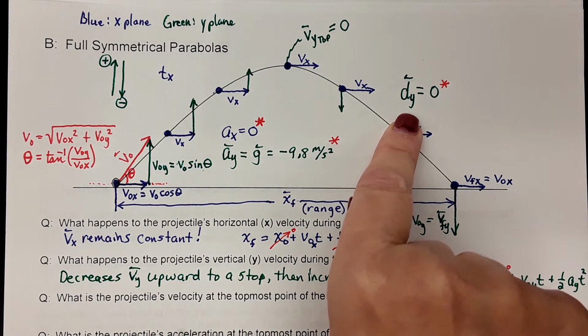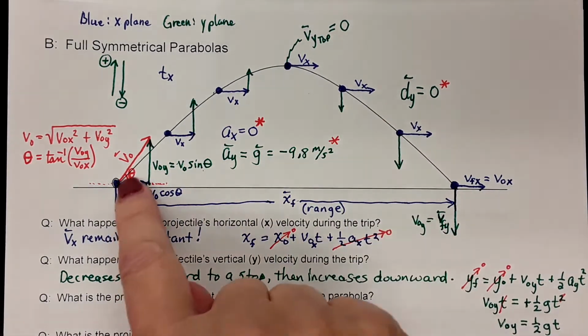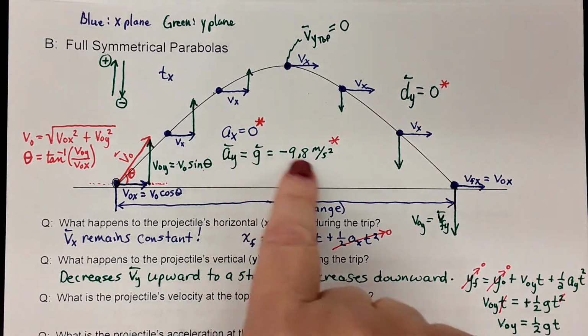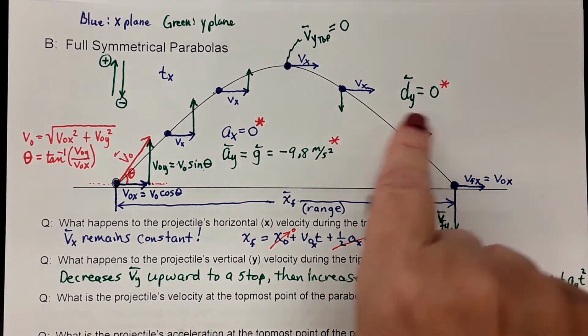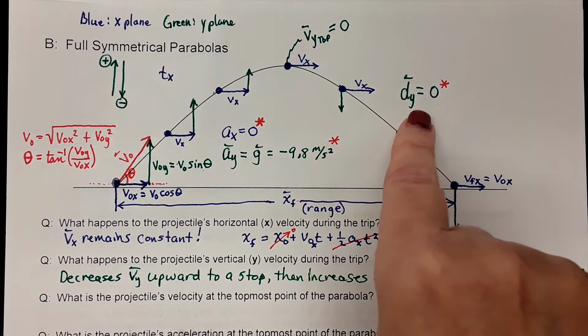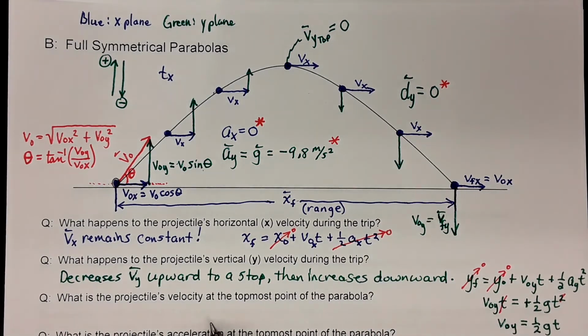They're going to expect you to understand that from the fact that it's a full symmetrical parabola, like a golf ball, or here like maybe a soccer ball. So guys, that's another place. So we have 1, 2, 3. We have 3 inferred pieces of information. And notice they're not necessarily the same as for a half parabola. So that means there's a difference, and you have to be aware of that.